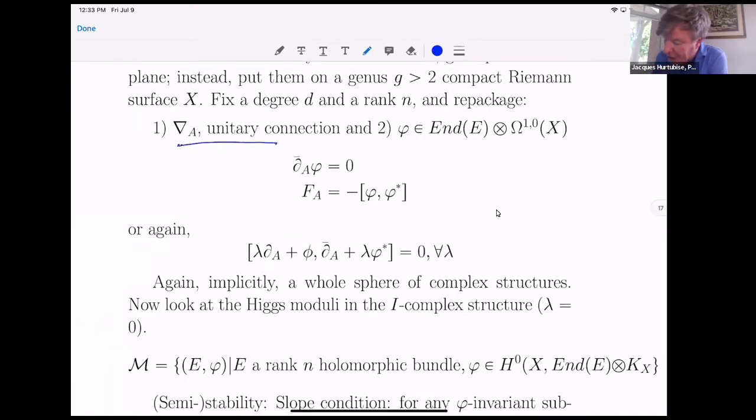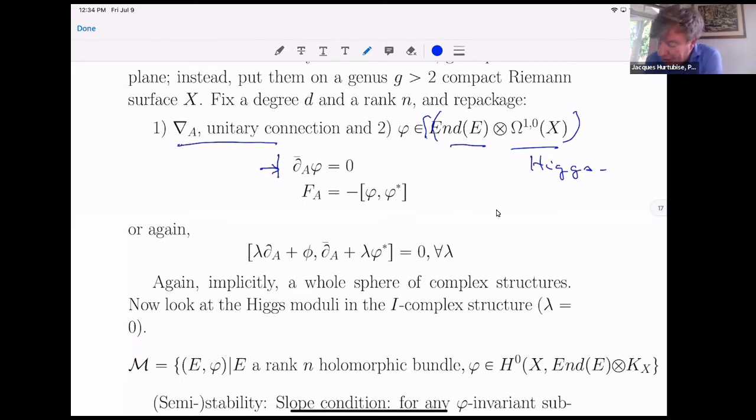So you get a unitary connection, and you get a section, a section of the endomorphisms of a bundle tensor the holomorphic 1-forms. And your self-duality equations become, first, that this section phi, the Higgs field, is holomorphic, so the d-bar part of the connection gives 0 when you apply it to phi.